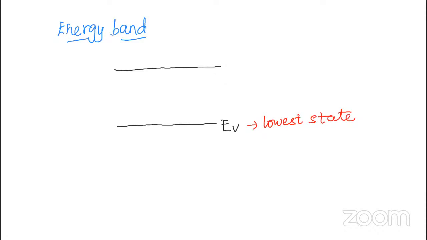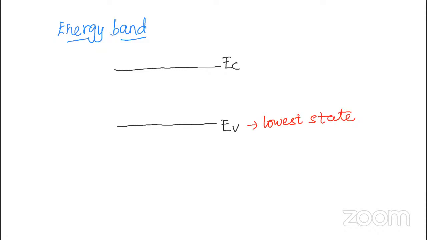In this state, it is filled by electrons. So here, EV is the valence band. The lowest state, we name it EV. And one more state is there, that is EC.